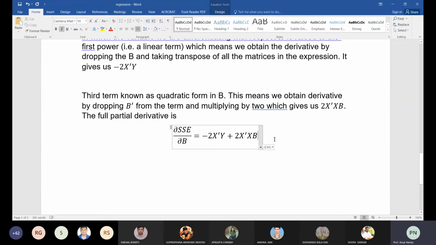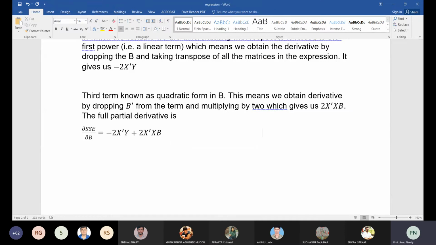Okay, now next step, so I am writing, this is my equation number 3. The next step is to set this partial derivative to 0 and solve for the matrix B, which will give you the expression for the matrix of estimates, and which minimizes this sum of squared errors of prediction.